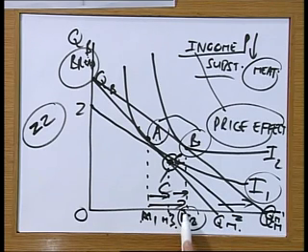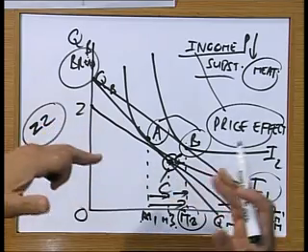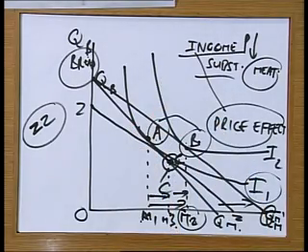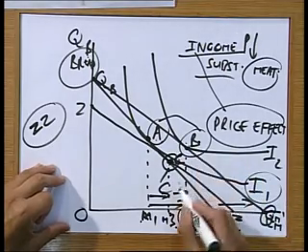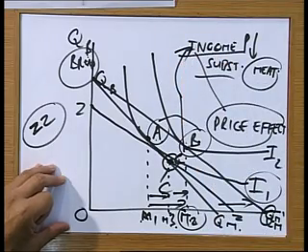And because it's drawn parallel, the slope remains the same, and if the slope of a budget line is determined by the price ratios, then if the slope remains the same, there's no change in the price ratio, okay? So that is your first movement from C to B, the income effect of the price change.